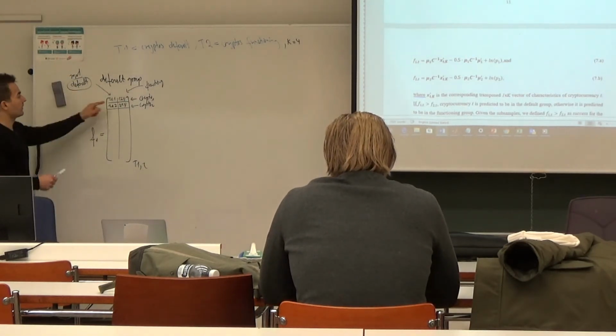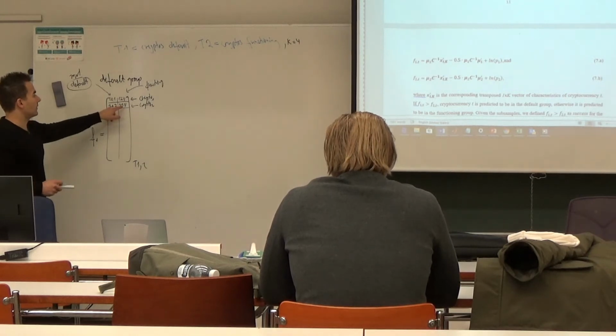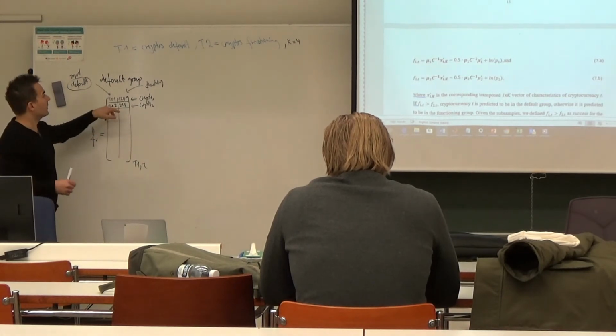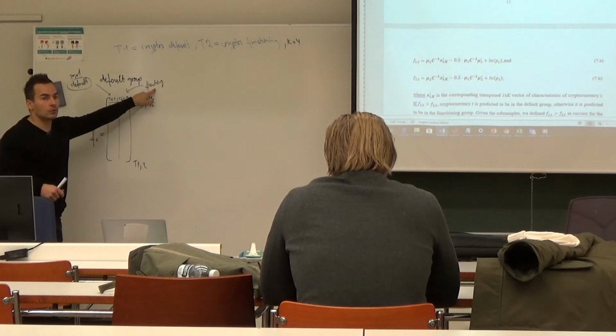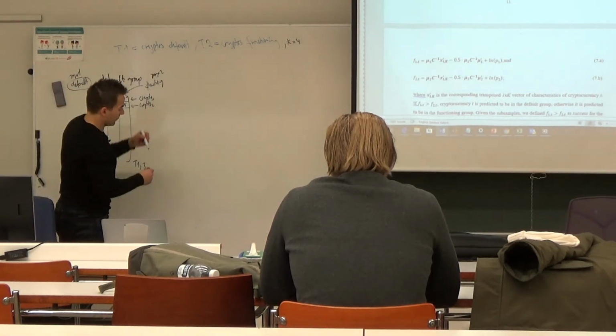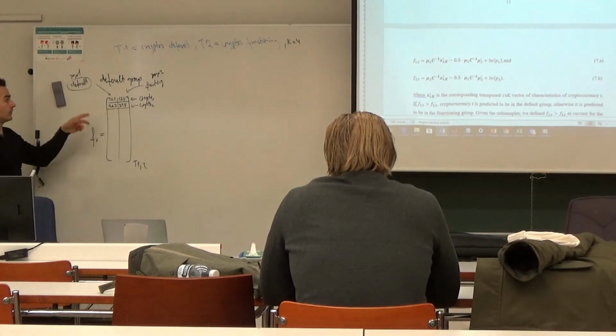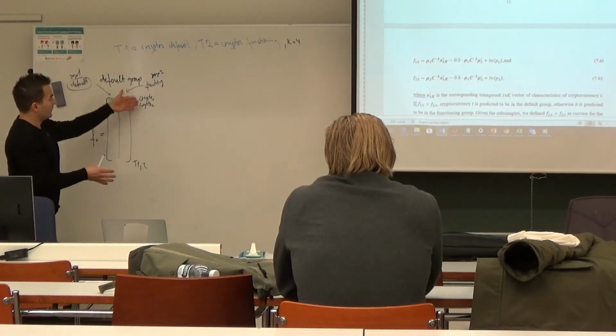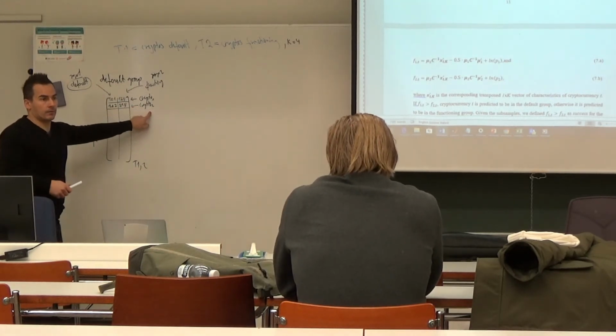Because the second value is higher, this time this function will tell us the second cryptocurrency is in group number 2, which is the functioning group. In this case, this function predicted wrongly. It was wrong, because we know already that the second cryptocurrency is in the default sample.